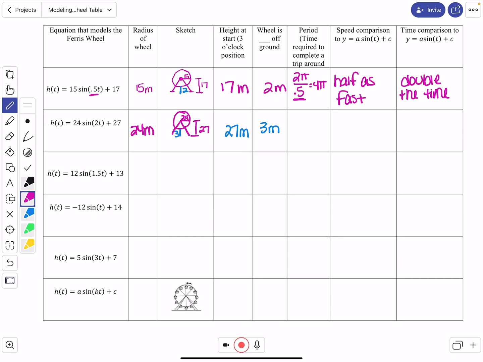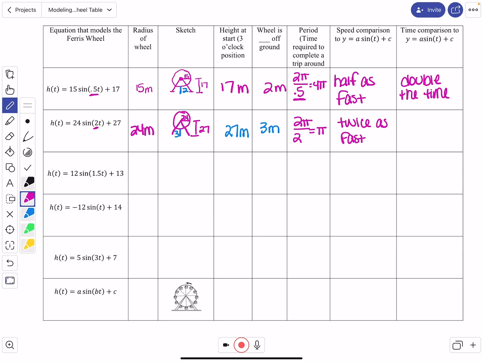So the period, the time required to complete a trip around, I'm going to take that 2 pi and divide by 2, which is just going to equal pi, okay? So the 2 here means it's going twice as fast because you're doubling.